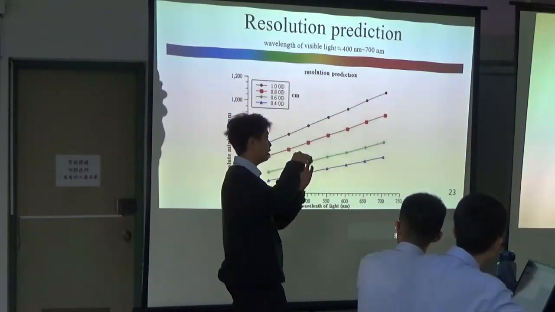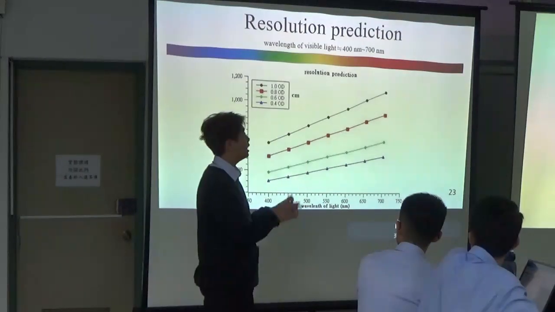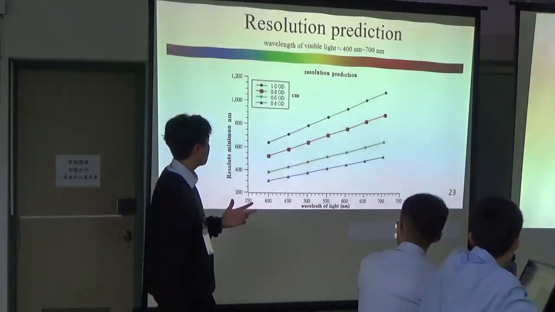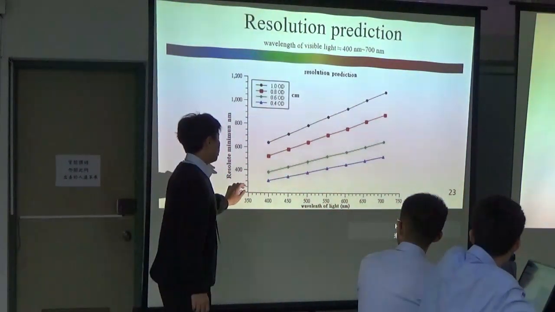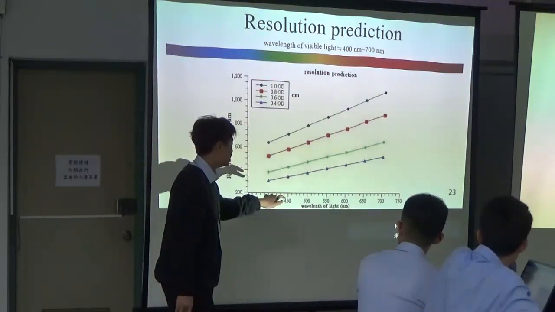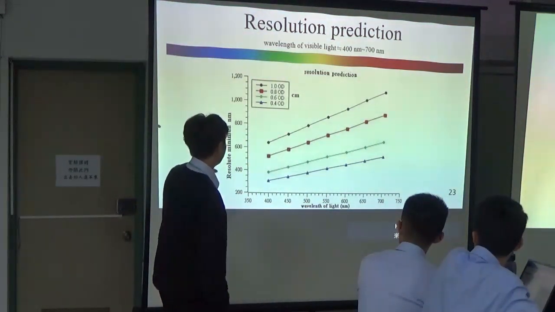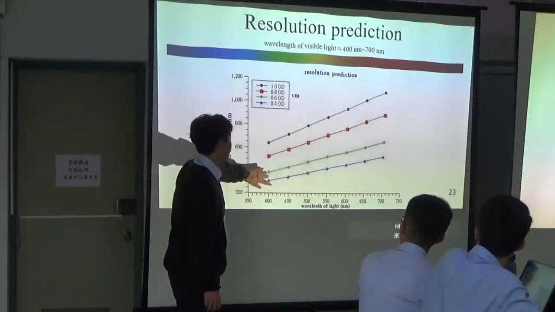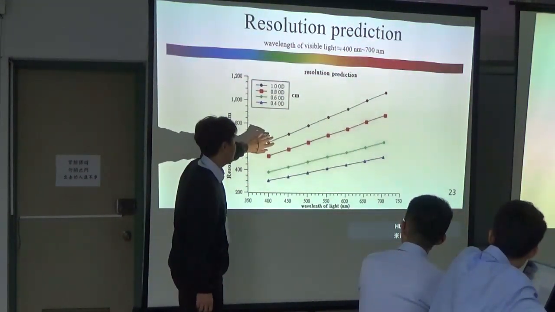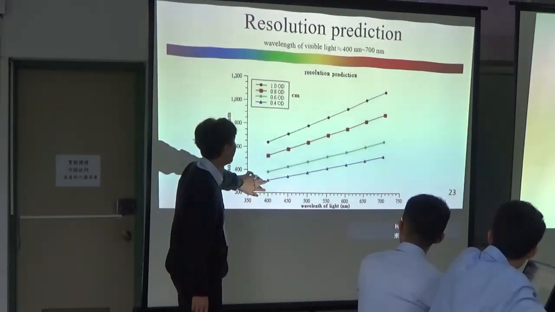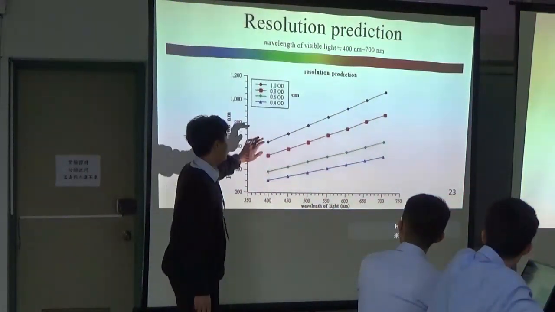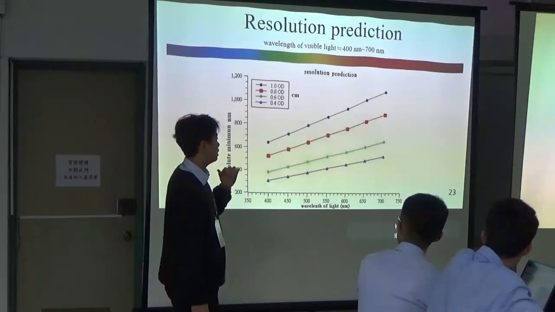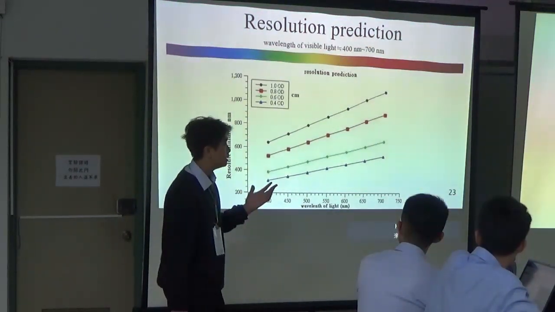When you see the two lines as one line, that is the minimum of the resolution. Actually, when the wavelength of light increases, the resolution gets worse. And for the minimum resolution against object distance, the black is the biggest object distance, and the blue one is the lowest object distance. So the biggest object distance has the lowest resolution.